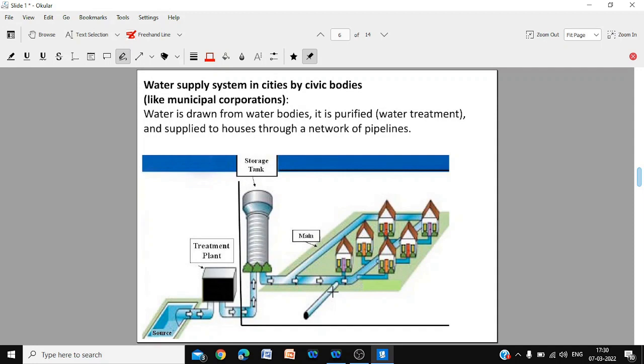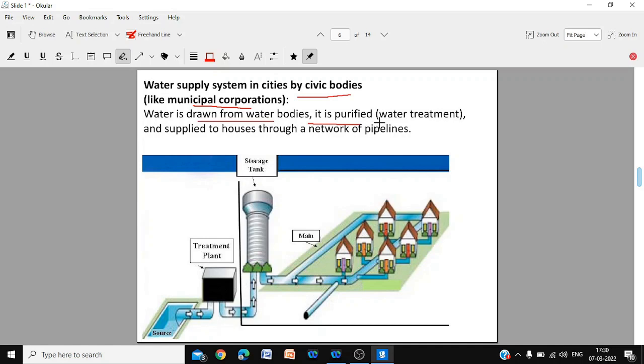Water supply system in cities. In cities, we get water supply from pipes. That is a responsibility of civic bodies. What do we mean by civic bodies? Municipal corporations. They bring the water to your house. Water is drawn from water bodies, then purified.